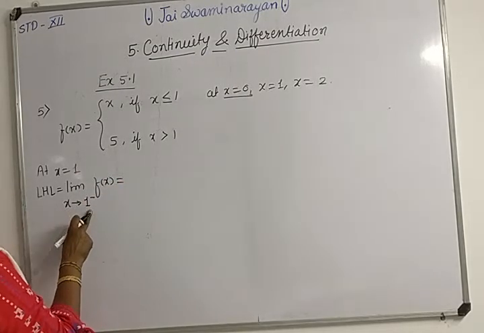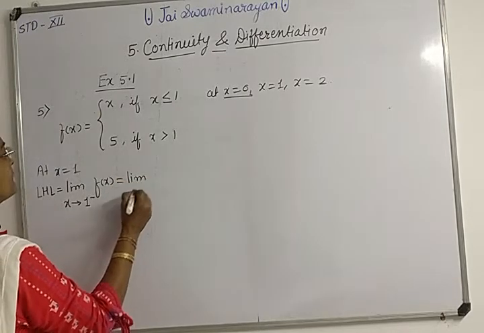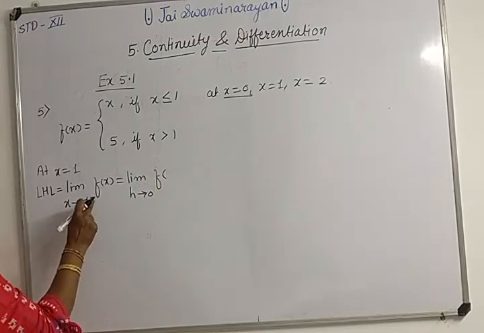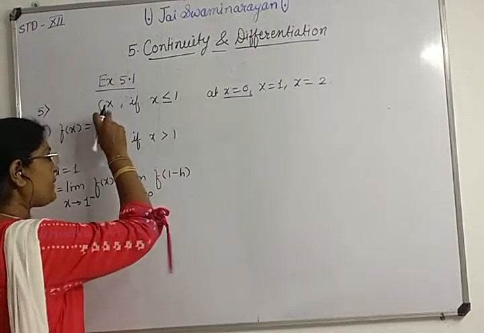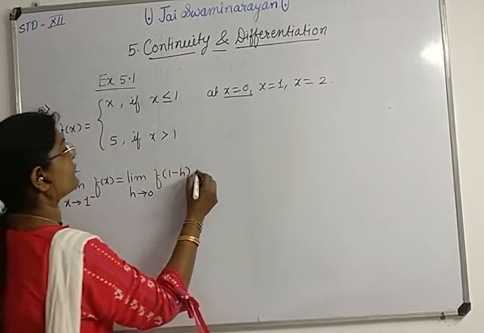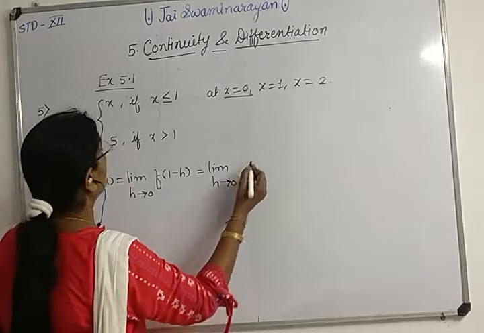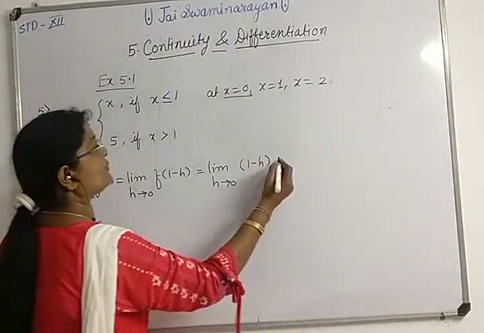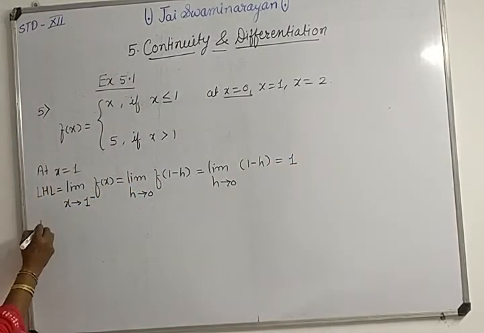For negative the value is this one, that is limit as h tends to 0 of f of 1 minus h. 1 minus h means instead of x we will write 1 minus h, equal to limit as h tends to 0 of 1 minus h. Put the value of h at 0, so it will be 1. Now right hand limit.